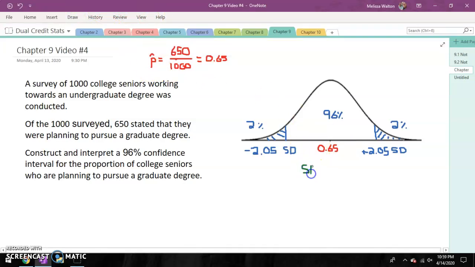Using our formula, we have 65% of those surveyed who said they were going to pursue a graduate degree, which means that 35% said they didn't. Then we divide by our sample size. Make sure you choose the correct number. Our sample size was 1,000, the total people sampled.